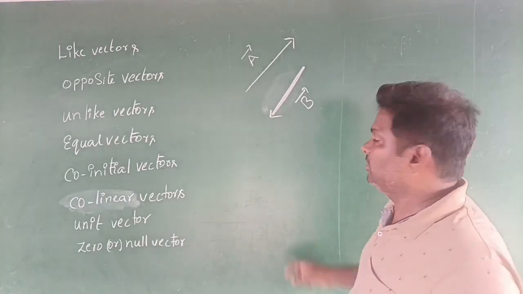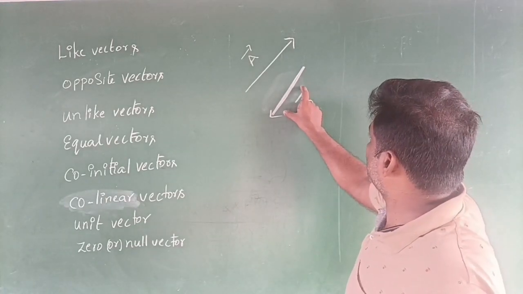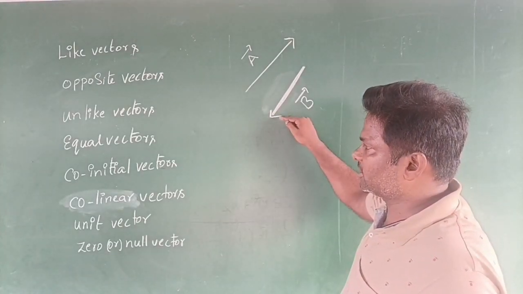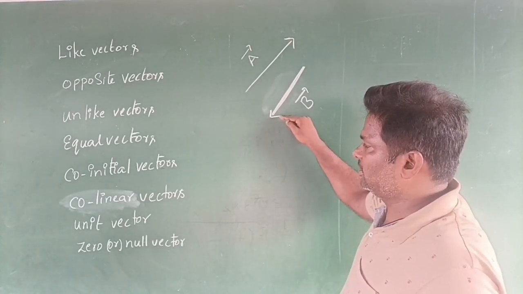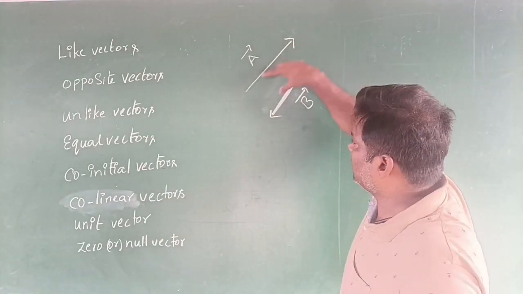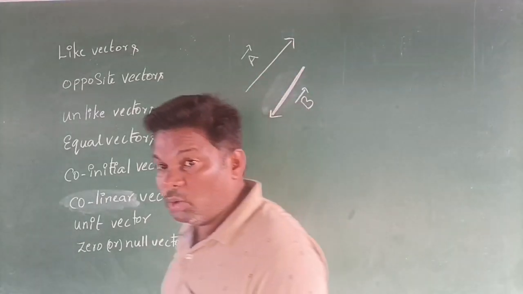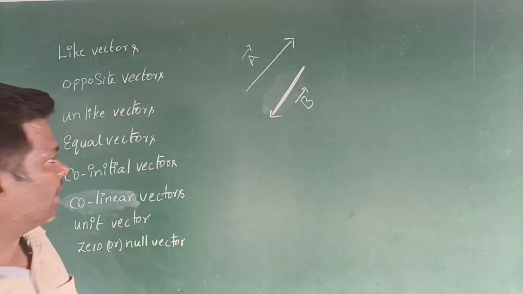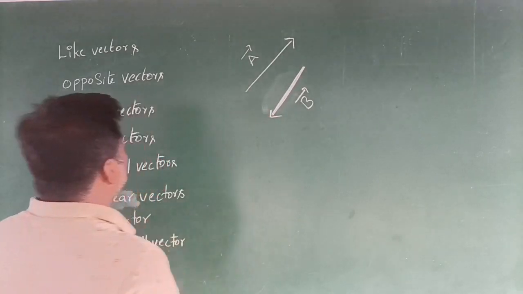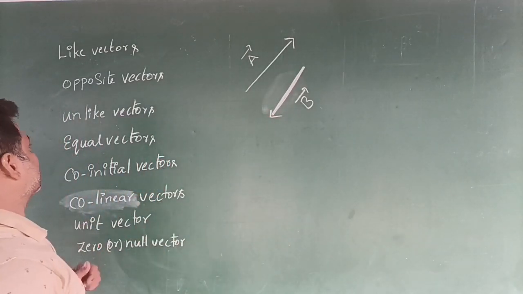No. Observe the direction, and the distance also from A to B, and here also from A to B. Are they the same? No. You can take these two as an example for unlike vectors.